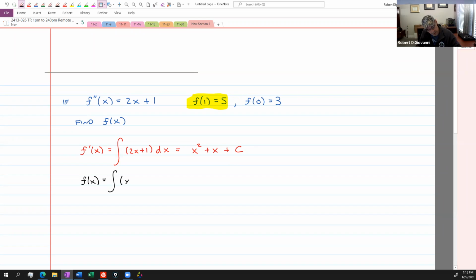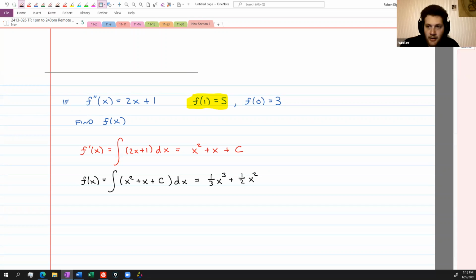So let's take x squared plus x plus c, which we don't know, and let's find the antiderivative of it. The antiderivative of x squared is 1/3 x cubed. The antiderivative of x is 1/2 x squared. What's the antiderivative of c? Isn't it cx? It should be that c times x, right?